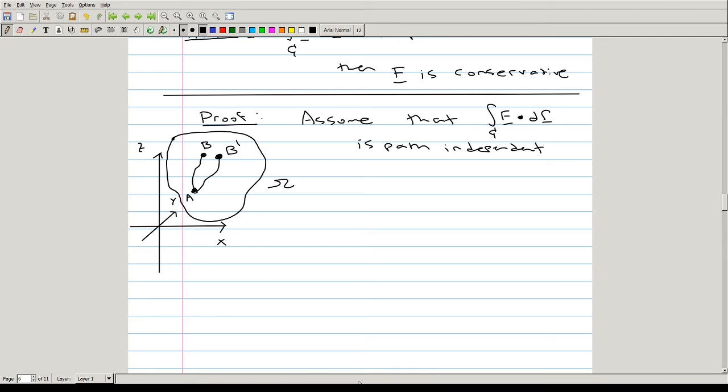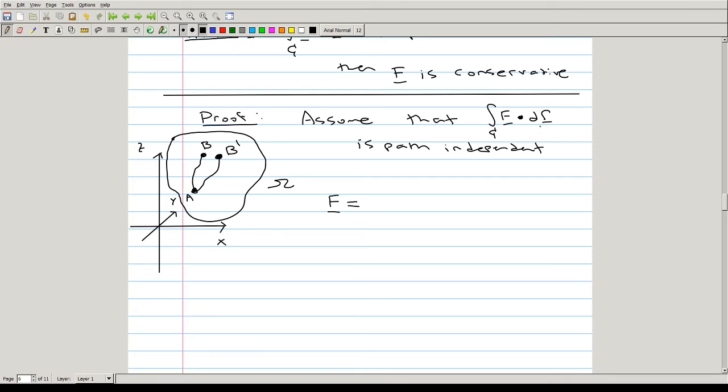And when we go through and do this, think about how exactly we should be doing this. The idea here is that we know that due to the path independence, we're trying to write f as the gradient of some scalar field.